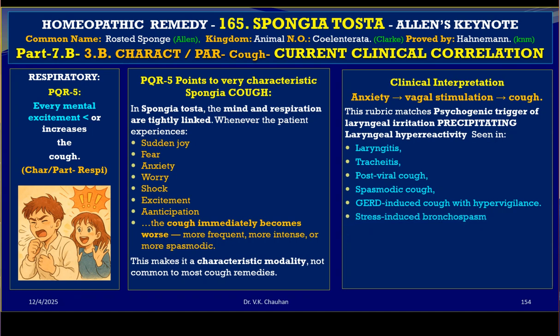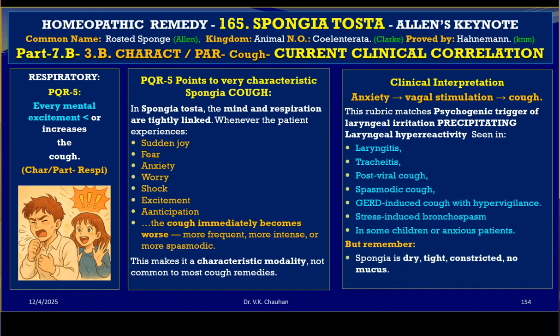Stress-induced bronchospasm is a very, very common presentation, and in some children, the patients' parents who are anxious transmit the anxiety to the children, and children develop cough. But please remember one thing, Spongia is dry, tight, constricted, no mucus.